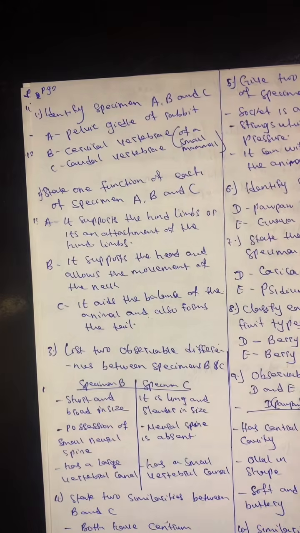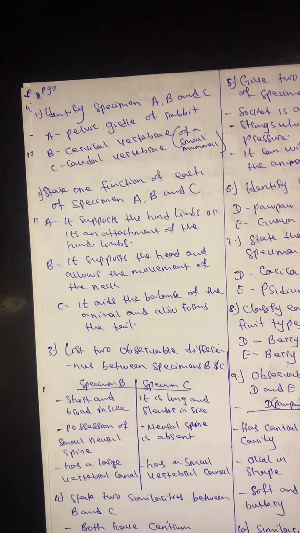Question 1 says identify specimen A, B, and C. Specimen A is the pelvic girdle of a rabbit, B is the cervical vertebrae, and C is the caudal vertebrae of a small mammal. Take note, small mammal. You're not told whether it's a rabbit or a rat.